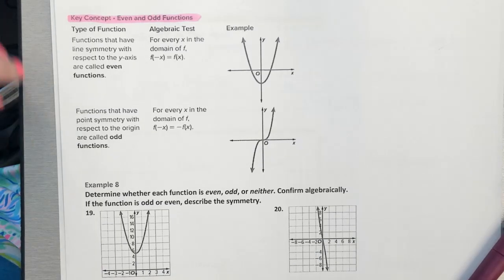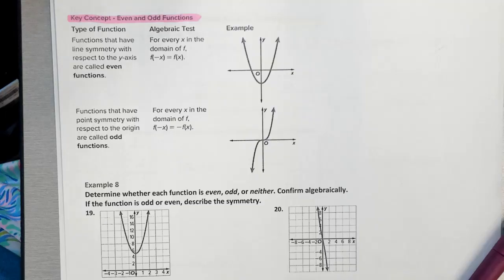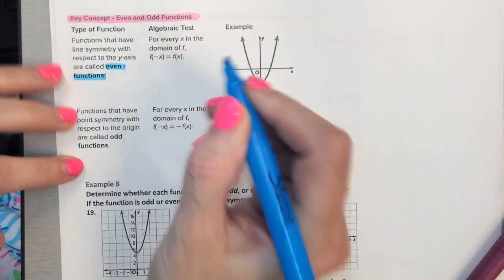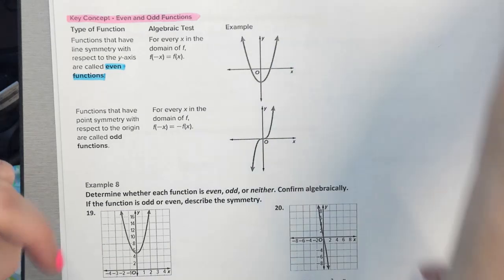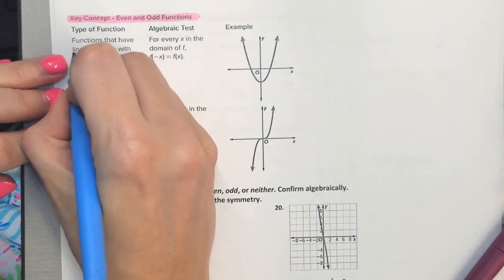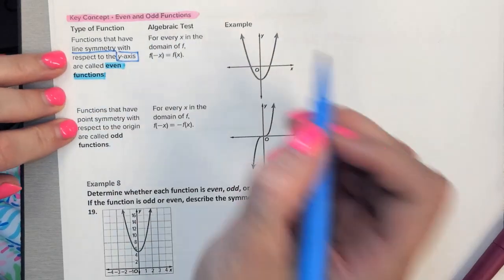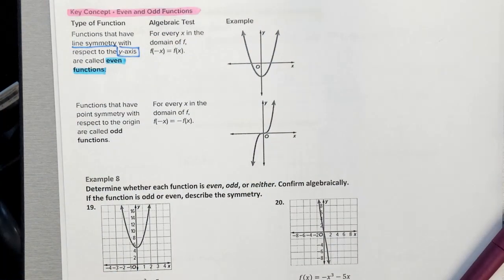If you have an even function, then it's going to have line symmetry with respect to the y-axis. Okay, so if it is an even function, it should have line symmetry with respect to the y-axis.